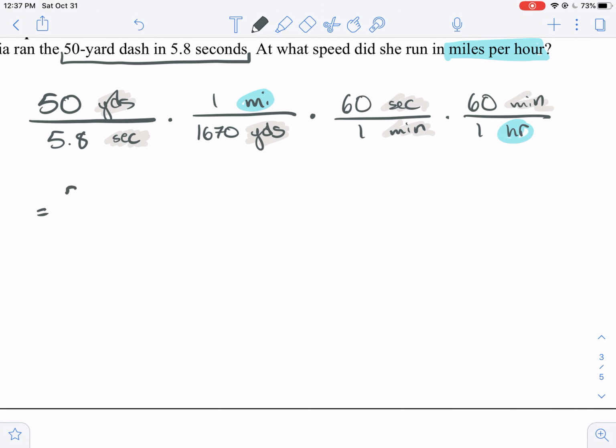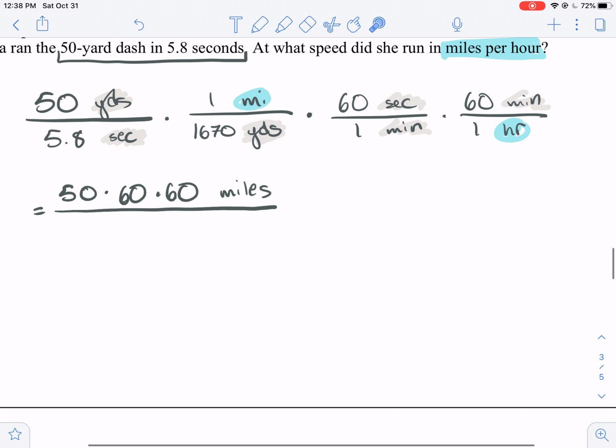Well, on top we have 50 times 1. I'm not going to rewrite that though. Times 60, times 60 again. And then the unit up here, the only one that's not canceled out is miles. And then on bottom, what do we have?